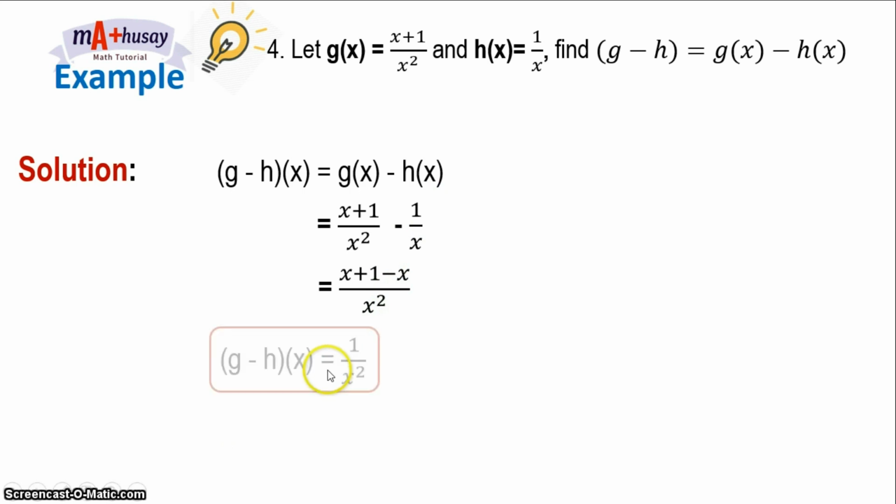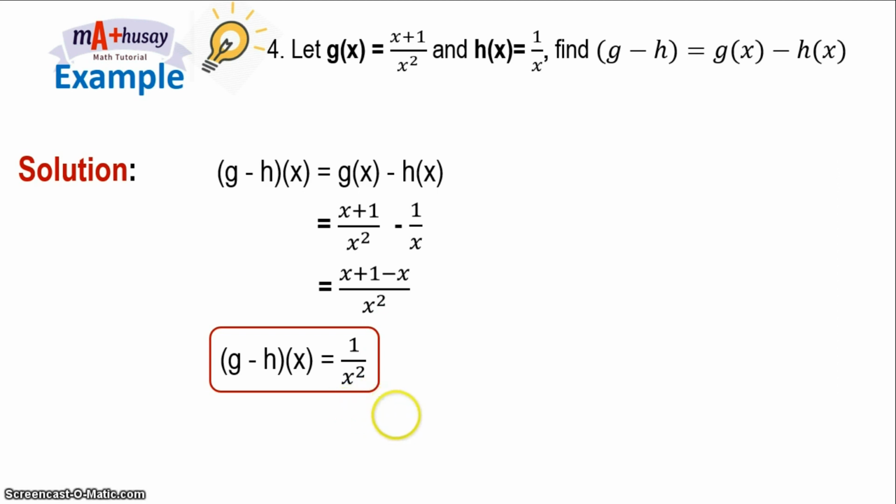So, simplifying the numerator, we'll have 1 all over x squared. So, kung mapapansin ninyo, nag-subtract tayo ng dalawang fraction na function, g at h. So, ang ating result ay 1 all over x squared.